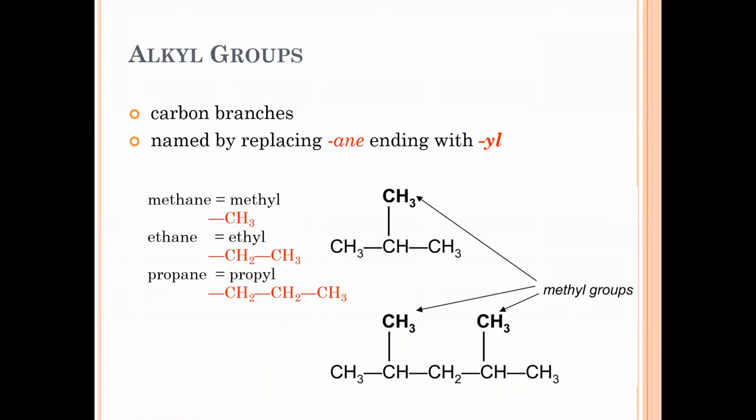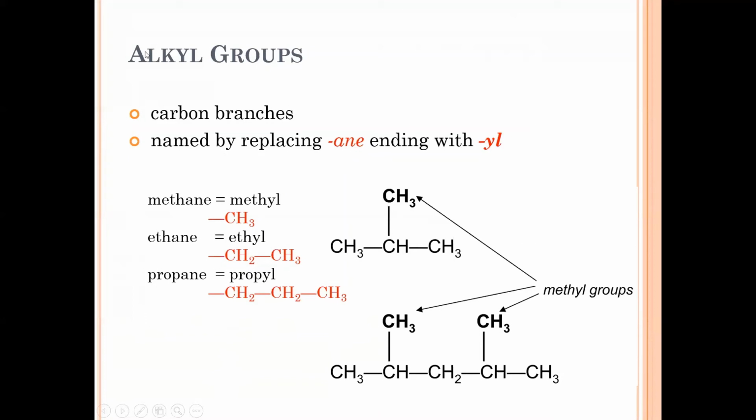But what do I want you to know? I want you to know actually how to name and understand these groups. So these substituents or branches. Anytime we have a branch that is carbon-based, we're going to call these alkyl groups. So the first one, if it just has one carbon, it's a methyl group, okay? We basically take the alkane name of what it would be, and we drop the ANE and add YL.